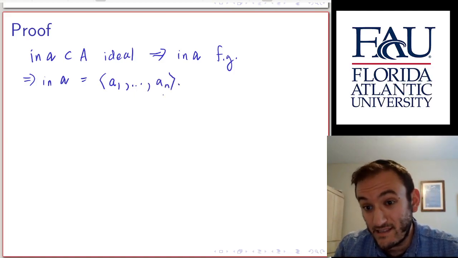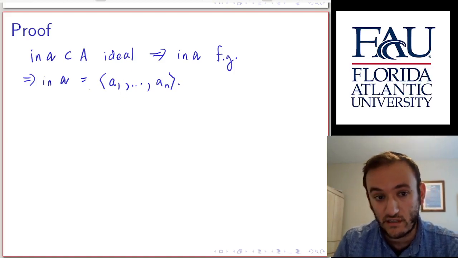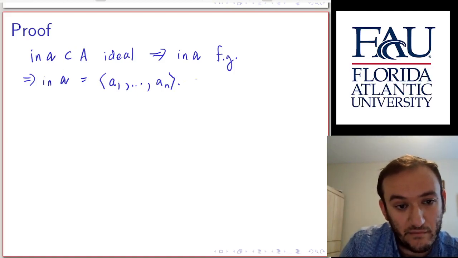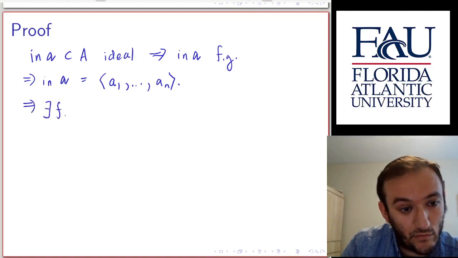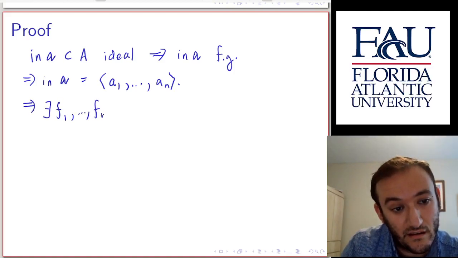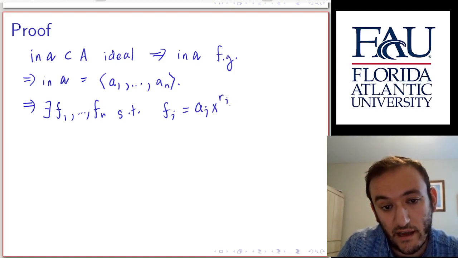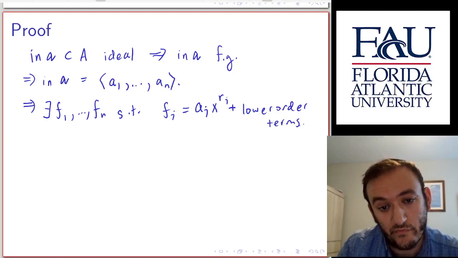Okay. And since these are in the initial ideal, that means that they are actually the leading coefficients for some polynomials in our ideal. So that means that there exist f1 through fn such that fi is equal to ai x to the ri plus lower order terms. Okay.